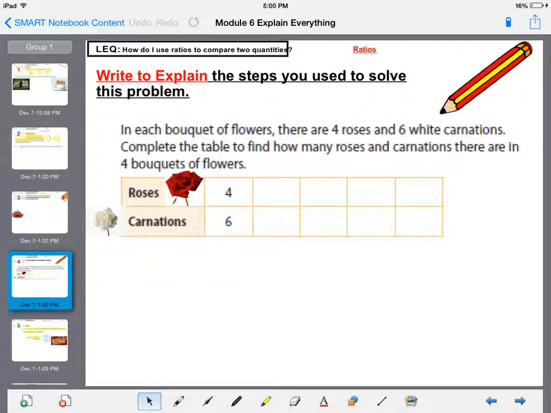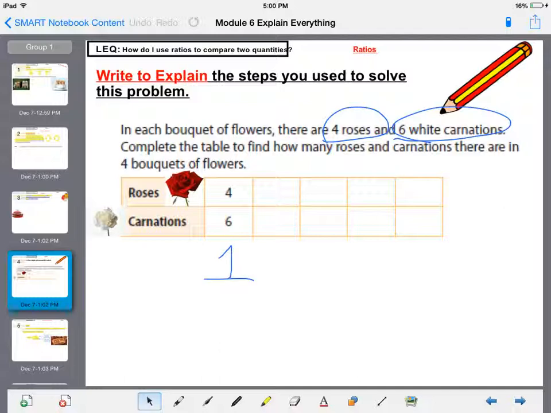We also talked about completing a table in order to determine multiplicative relationships in ratios. And in this example, they tell us that in each bouquet of flowers, there are 4 roses and 6 white carnations. So in this case, that would represent bouquet 1.